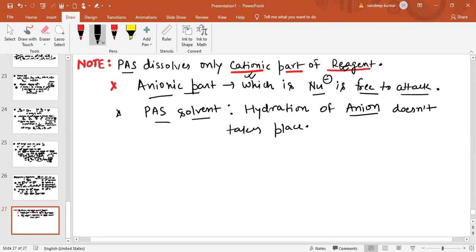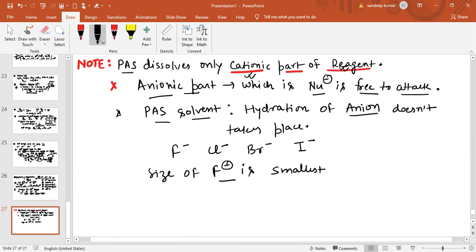It means we can easily say, for F minus, Cl minus, Br minus and I minus, the size of F minus is smallest in simple form.